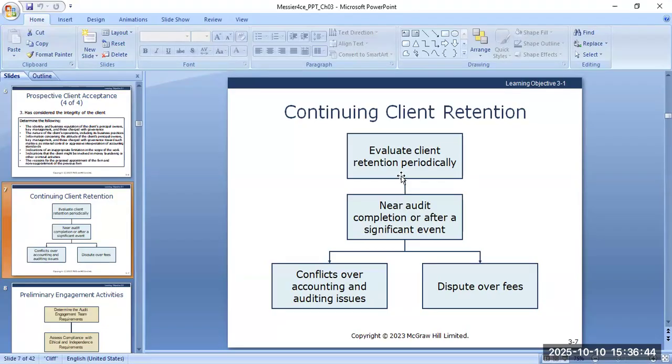Is the client still doing any illegal activity? If he's changed his business or moved in a direction that is not appropriate for us to maintain our professional conduct and ethical standards, we may refuse. Let's continue with the client.